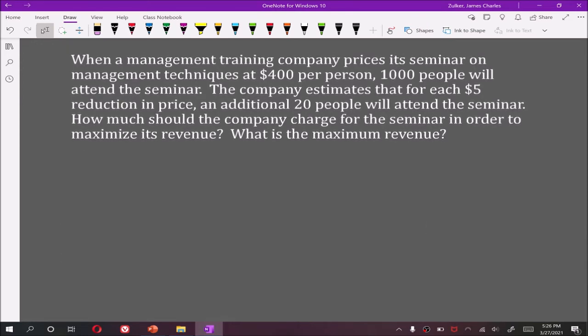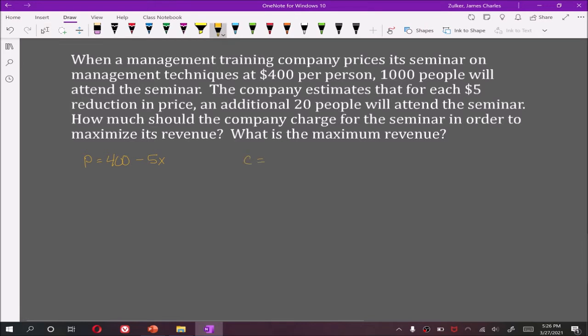Right, so P is going to represent the price. Well, it's $400 minus $5 deduction. So how many times we're reducing it by 5? That's what X represents, the number of reductions.